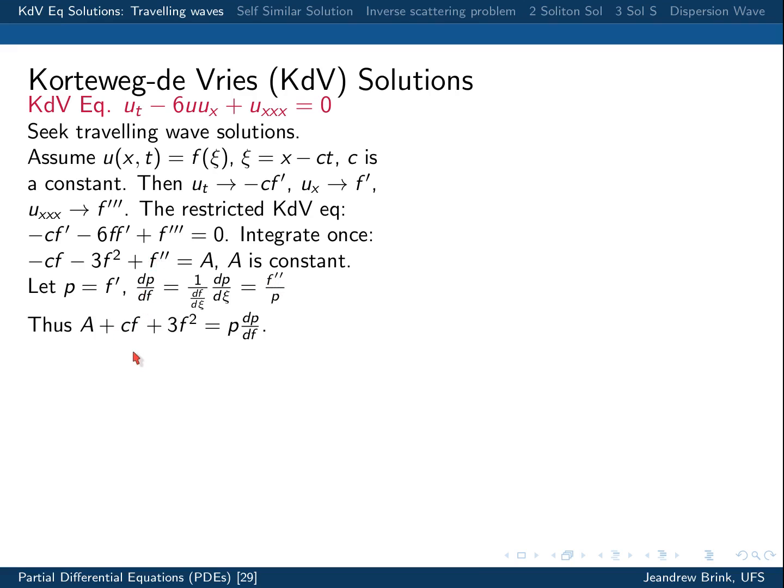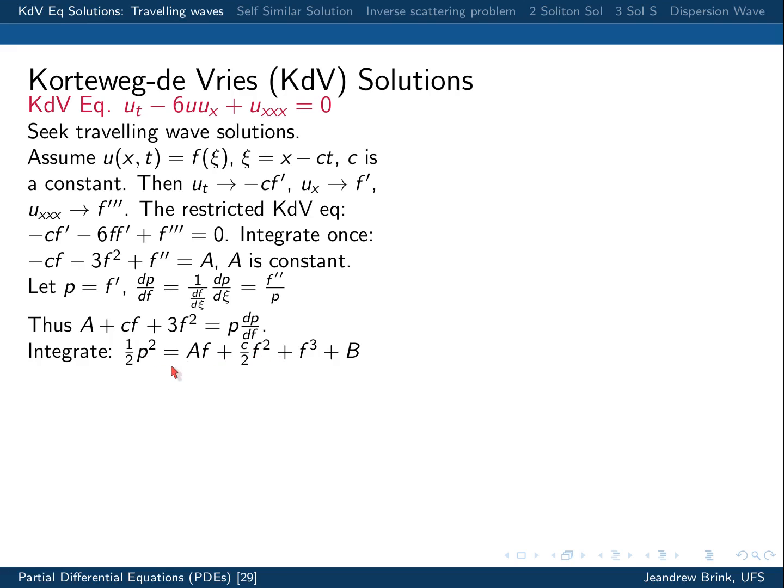And then we're left with this equation, which allows us to basically separate the equation out, and we move the f to that side, and then we integrate it, which basically gets a half p squared from this term is equal to a f plus c over 2 f squared plus f cubed plus the integration constant b. And we can now, recalling that p is just df d xi, integrate it one more time, but before, and you can in fact do it, but the result is complicated.